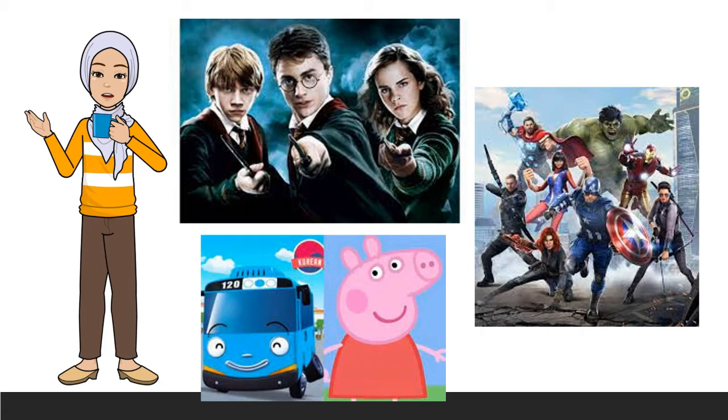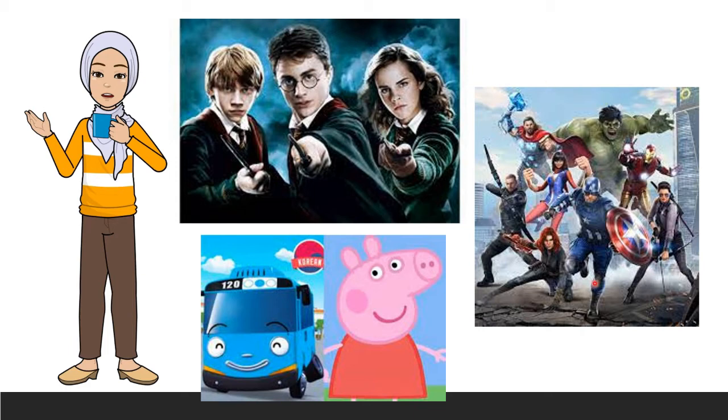The first picture is Harry Potter. Harry Potter is the main character for the Harry Potter movie. He has 2 friends, Hermione and Ron. Both are supporting characters for Harry Potter. But what makes it very interesting to watch is that towards the end, Ron and Hermione become main characters together with Harry Potter.